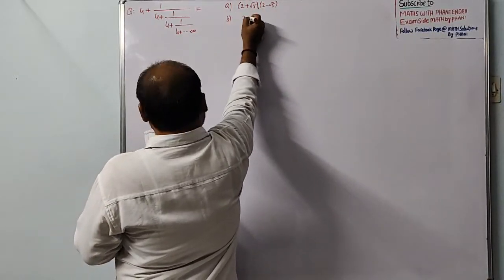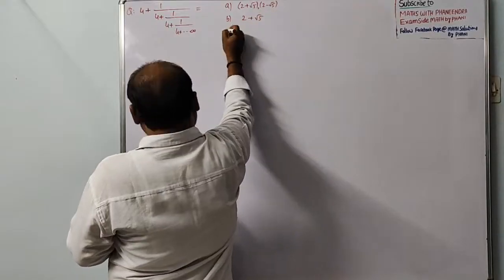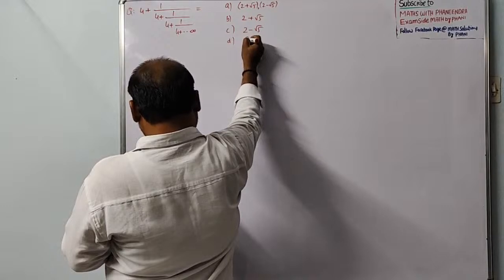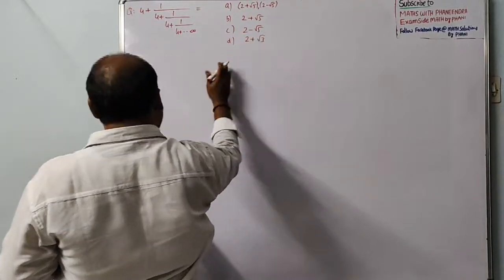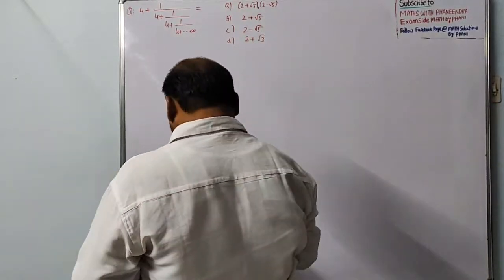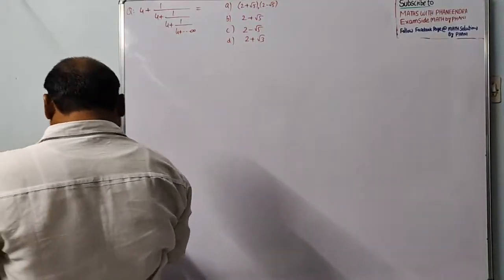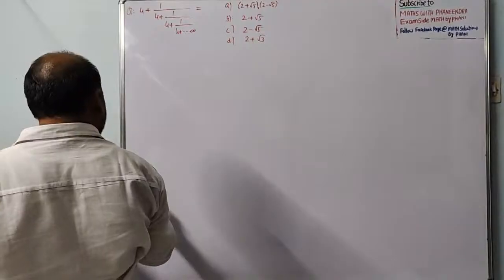Second option, only 2 plus root 5. Third option, 2 minus root 5. Fourth option, 2 plus root 3. So this is the next one.